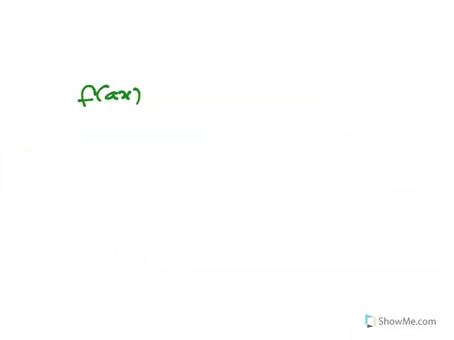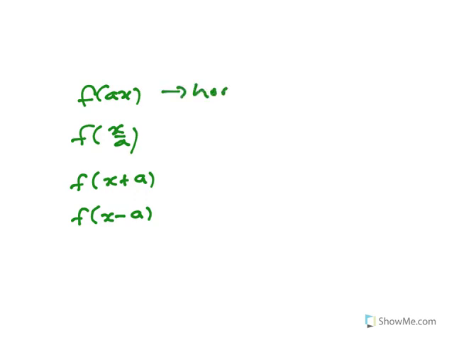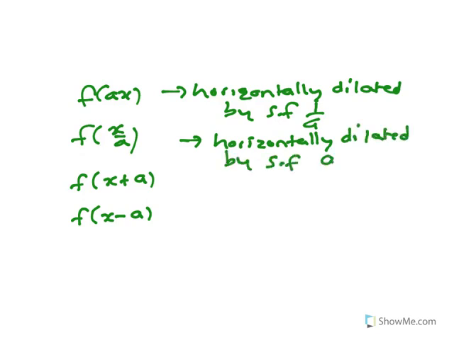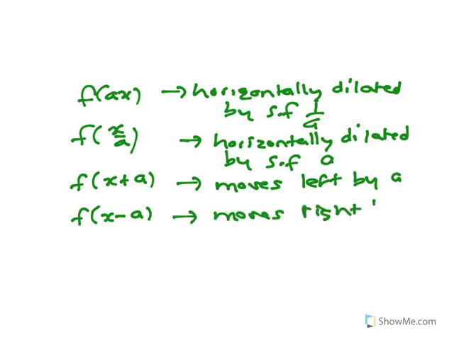So f of ax is horizontally dilated by a scale factor of 1 on a. f of x on a is horizontally dilated by a scale factor of a. f of x plus a moves left by a, and f of x minus a moves right by a.